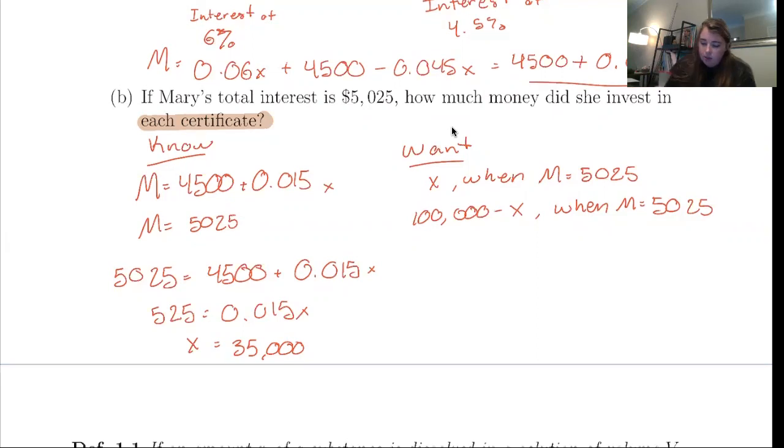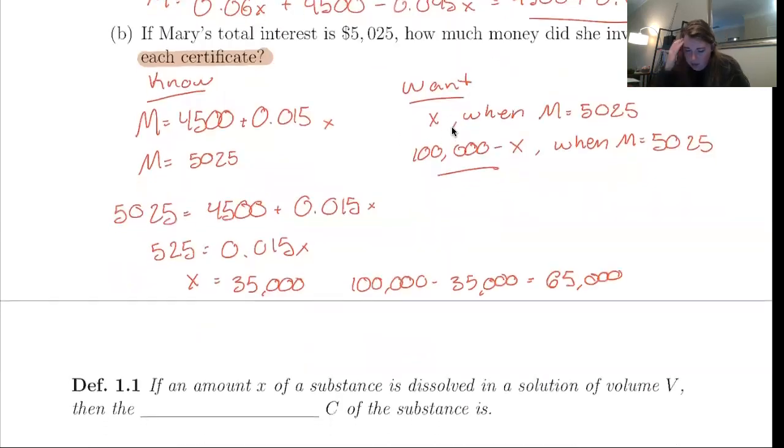Yeah, we also need to find 100,000 minus x. I found x, and now I need to find 100,000 minus 35,000, which is going to be 65,000, right?